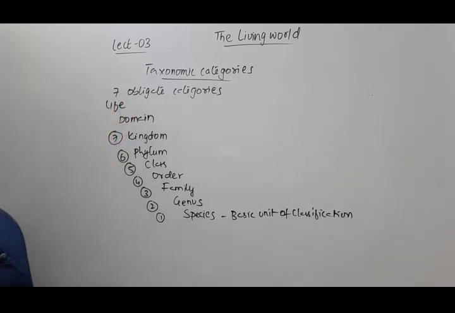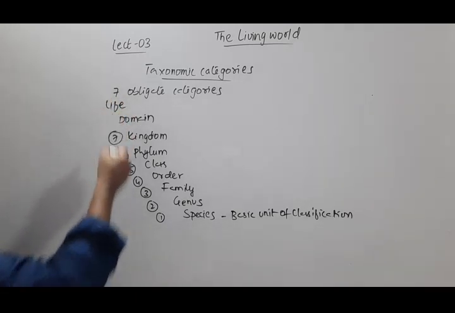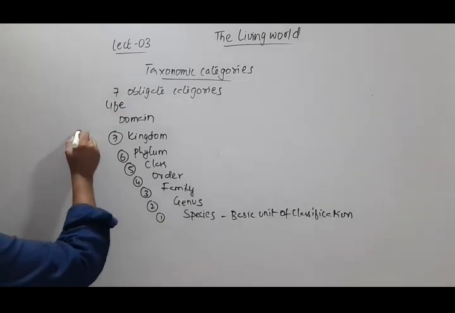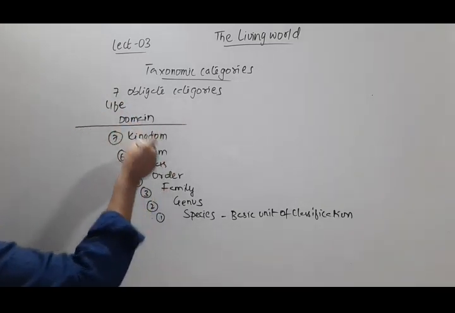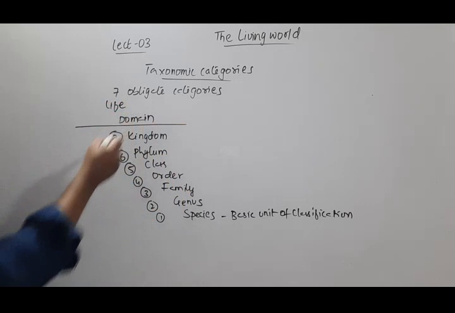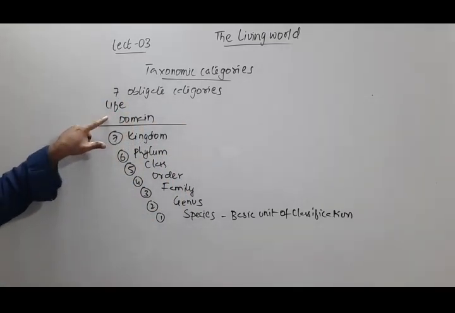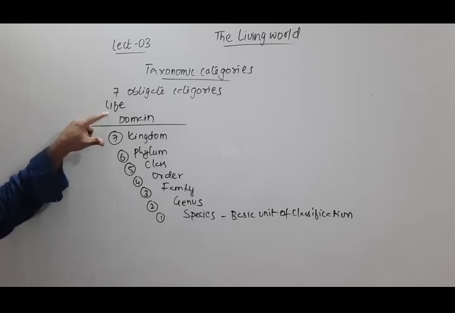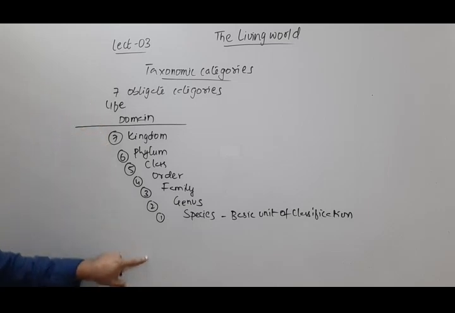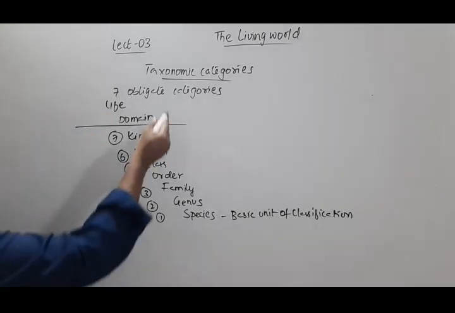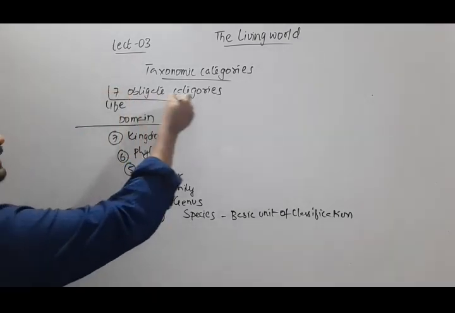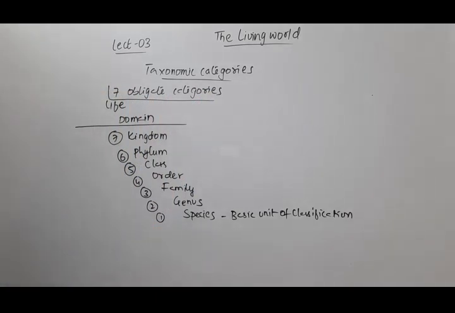So these are two more extra categories, but we will see them later. So above this we also have domain and then life. Clear? So at present we will see only these seven obligate categories.